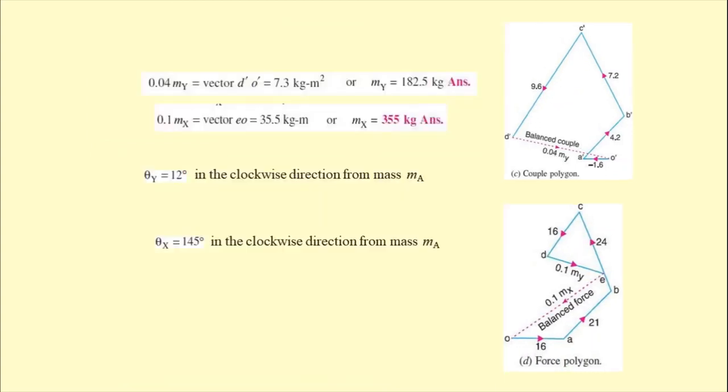Now for finding the angular orientation, just as we did in the previous case, 12 degrees and 145 degrees are the values we get for theta y and theta x, that is, the angular positions of the two balancing masses.